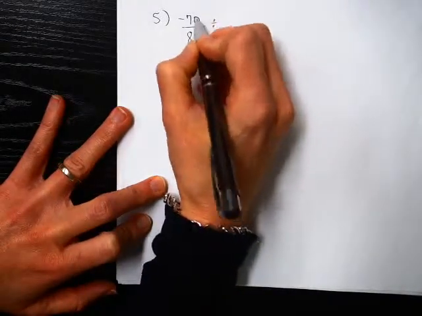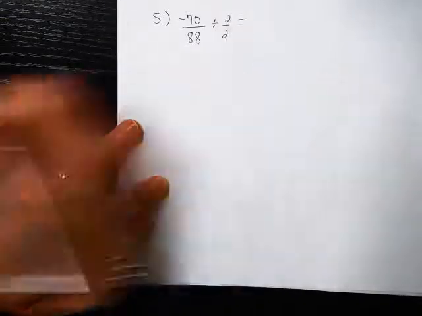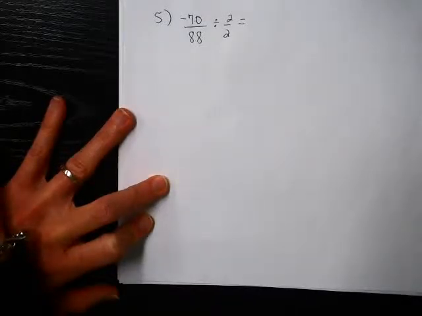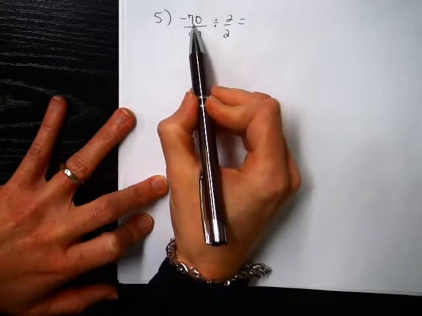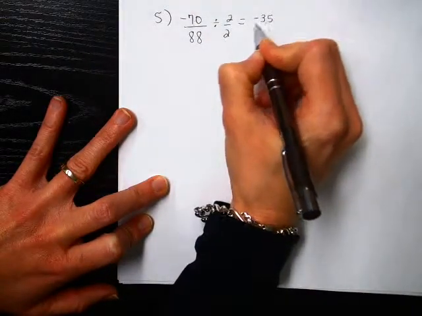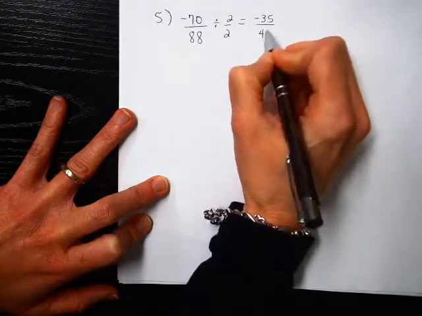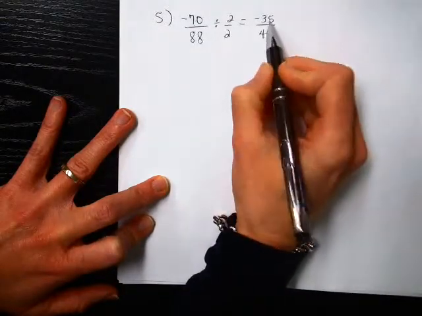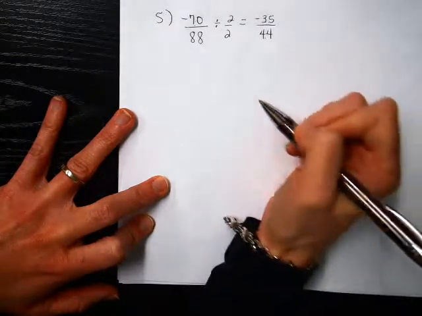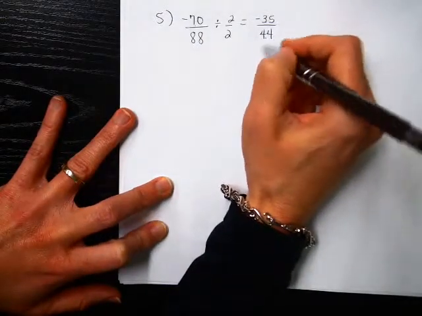But I notice that these again are both even numbers, so I'm going to start with 2 and see if possibly this is my GCF or if I'm going to need to keep reducing. This is a negative number. Negative 70 divided by 2 would give me negative 35, and 88 divided by 2 would give me 44. Well, I know that the only thing that negative 35 and 44 are going to share in common would be 1. And so I know this is simplest form.